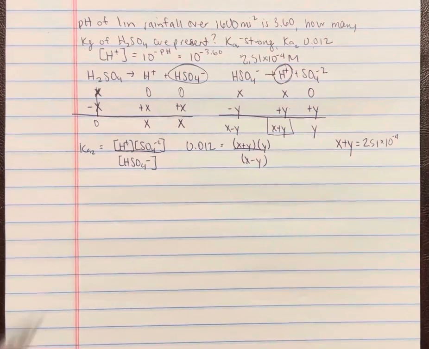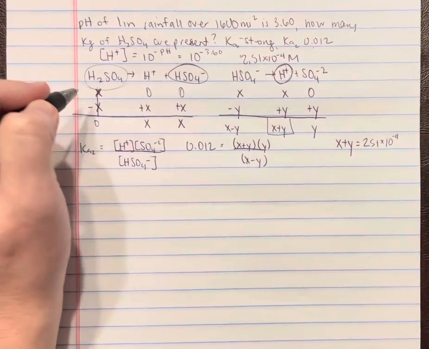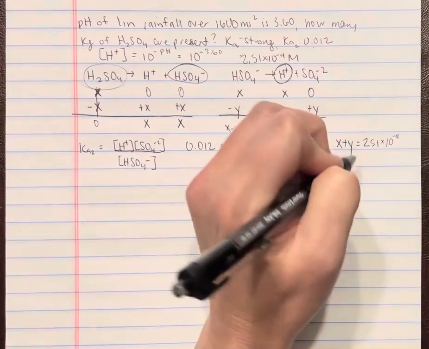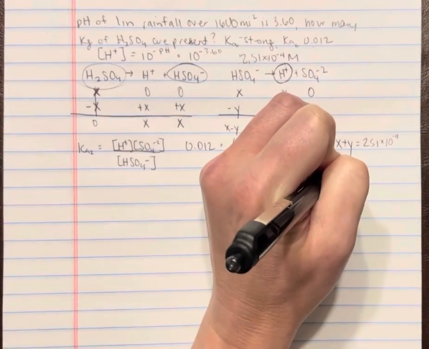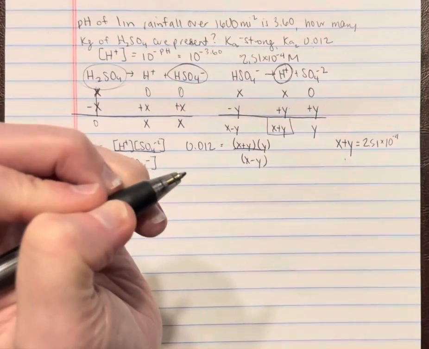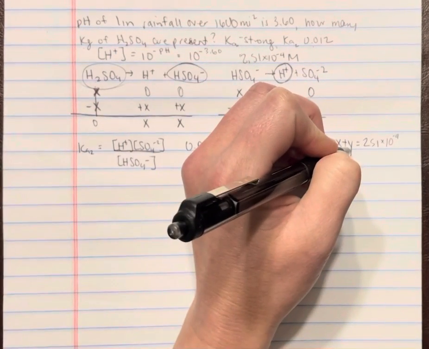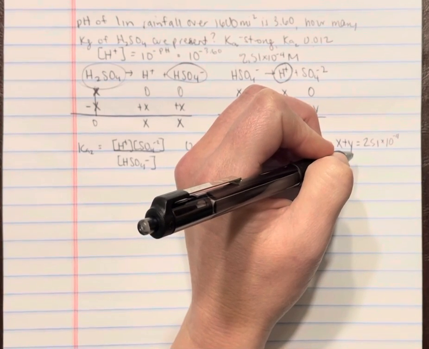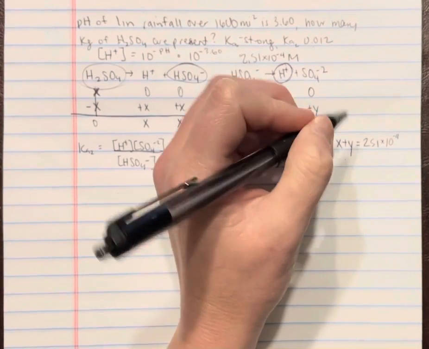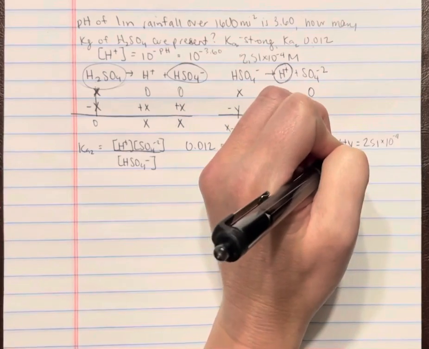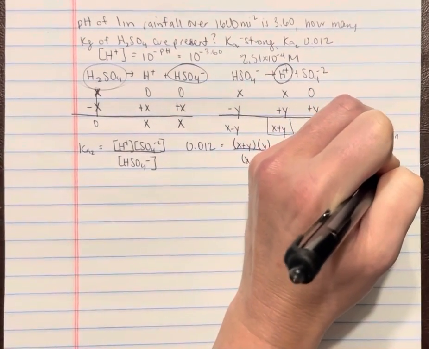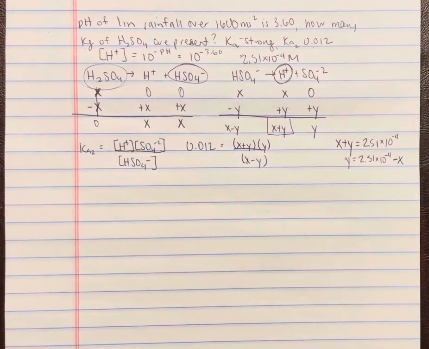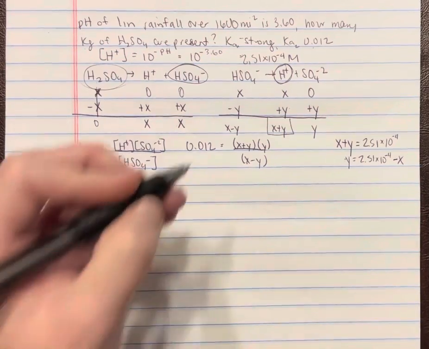Now, since we're trying to solve for X, which is representing our original concentration of H2SO4, I am going to solve this for Y. So Y is going to equal 2.51 times 10 to the minus 4 minus X. So why don't we go ahead and sub that in.